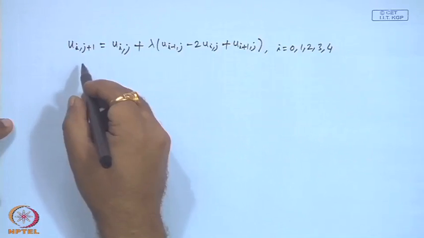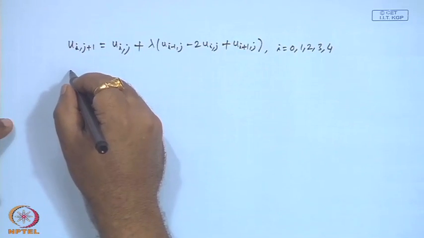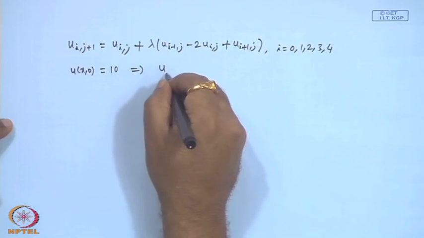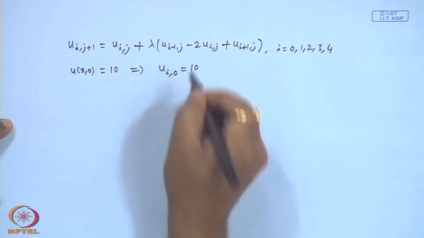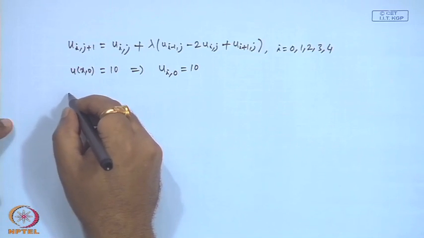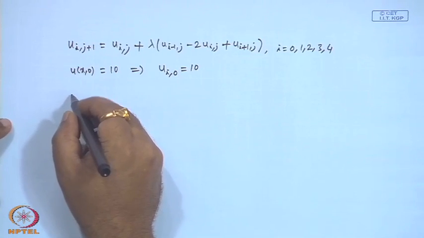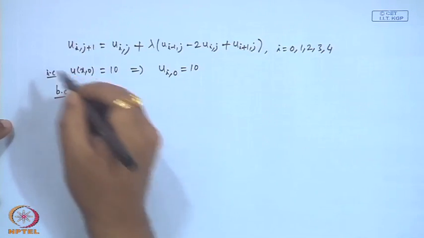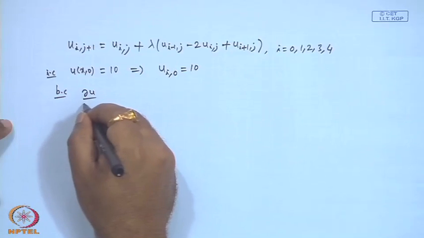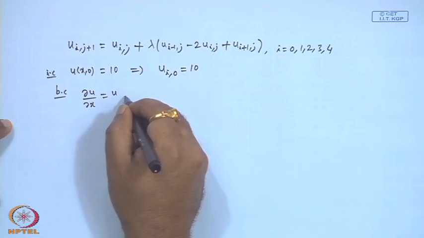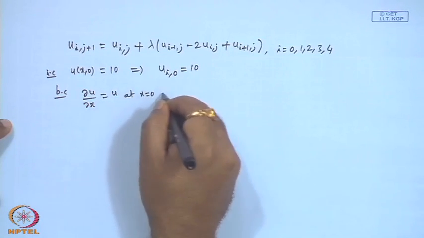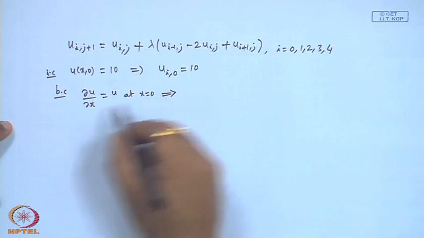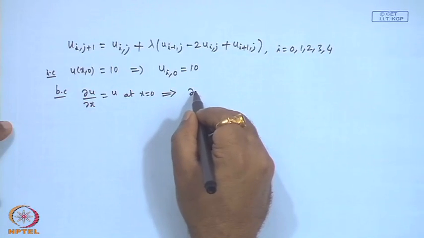Okay. So, now let us look at our initial condition, then look at the boundary condition. So, this is initial condition. So, dou u by dou x equals to u at, so this has to be. So, first let us discretize this.